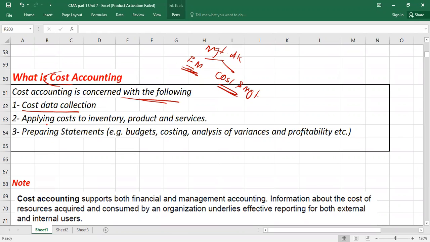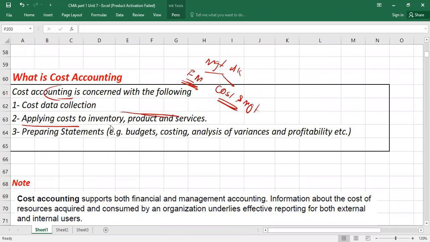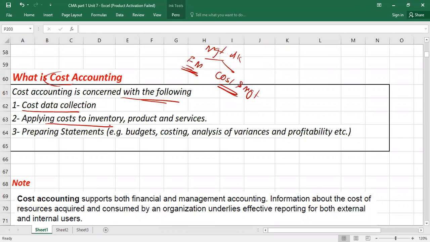Second, we will apply the cost to the inventory. Based on that data, we will apply those costs to a specific product, specific inventory or a specific service, or sometimes you can also calculate the cost of a specific department.